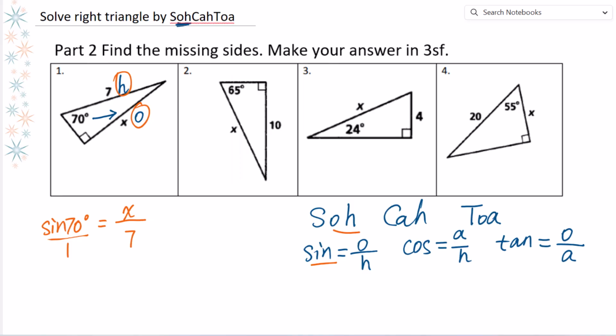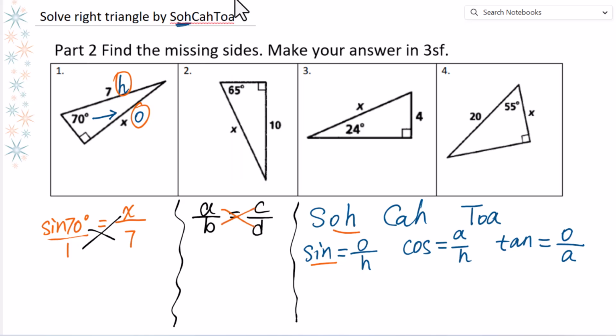Then we have to cross multiply. Here is the rule for cross multiply. A over B equals C over D. A and D are on the same line. B and C are on the same line.